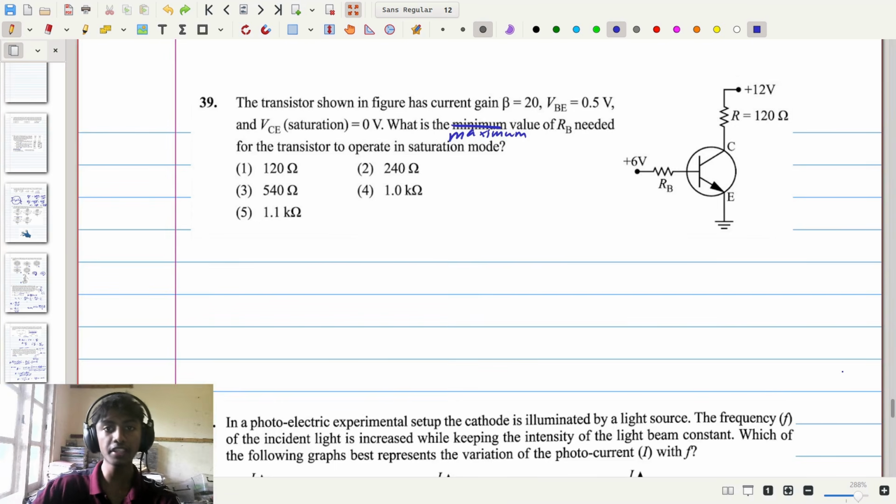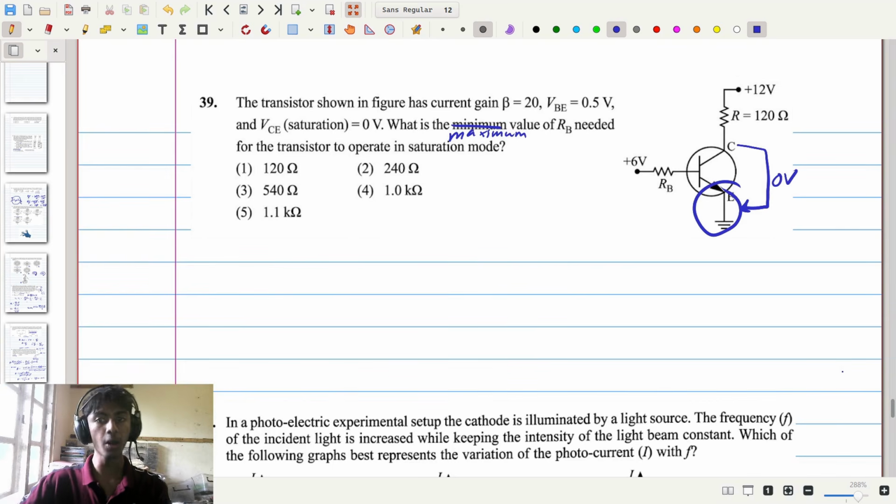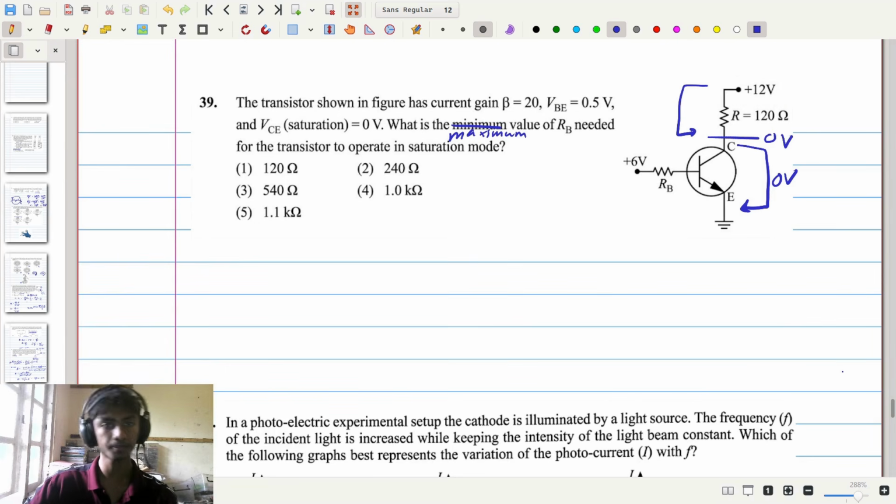Now if the transistor here is operating under saturation, then VCE should be equal to 0, and therefore the voltage from this point to this point is equal to 0 volts. Since E is grounded, the voltage at C will also be equal to 0 volts, and therefore across this 120 ohm resistor we have 12 minus 0 or 12 volts being applied.